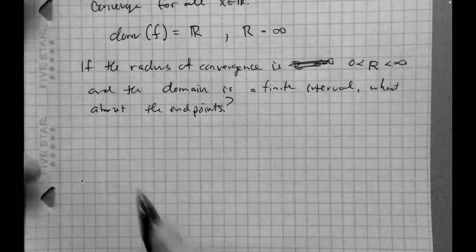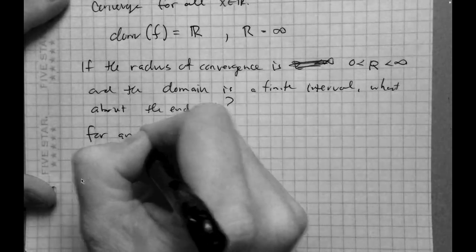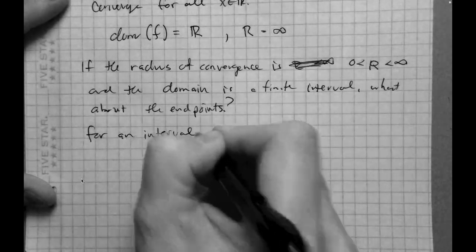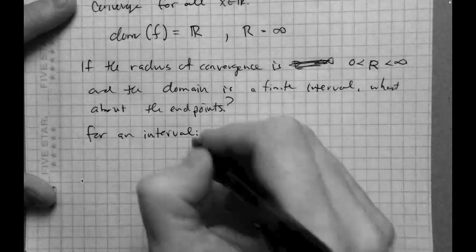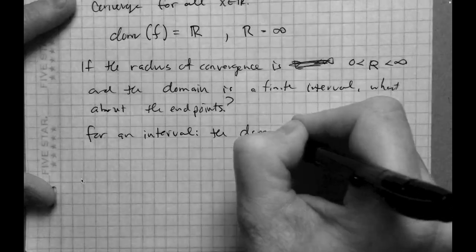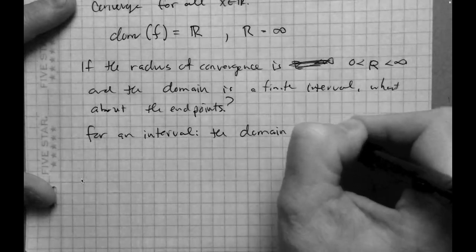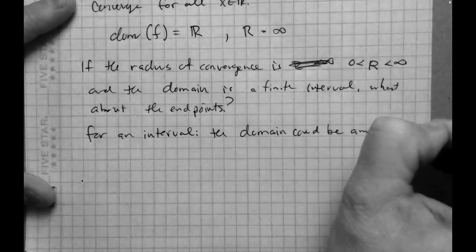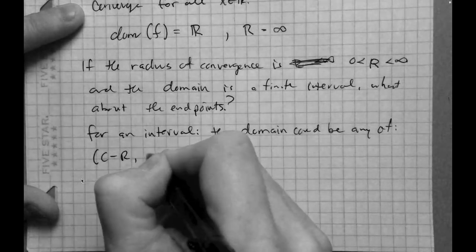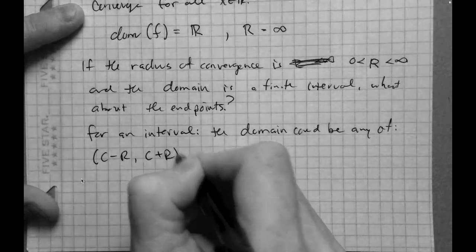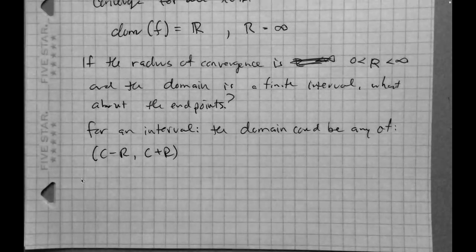And so for an interval, the domain could be any of the following. It could be c minus r to c plus r. Now here, open interval.